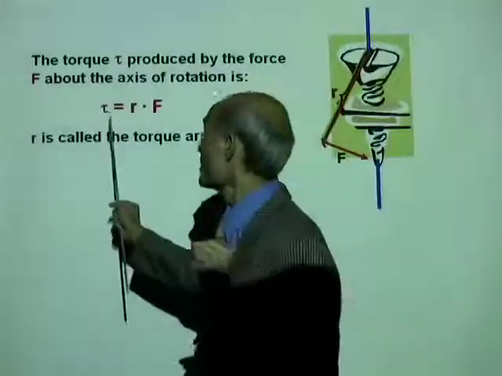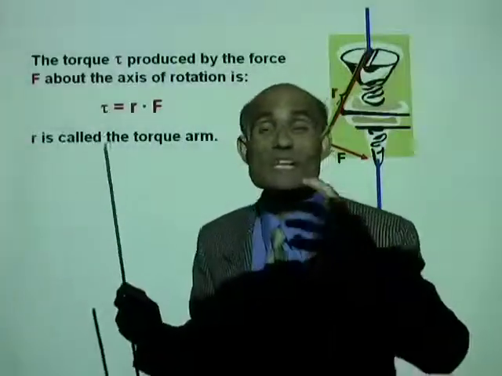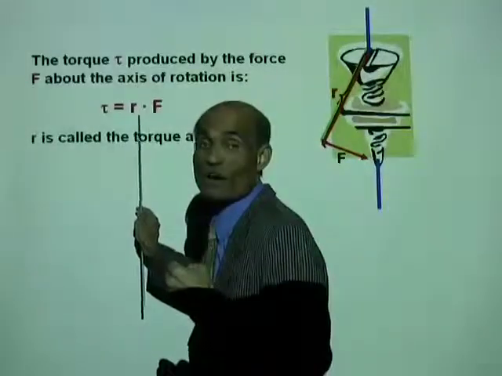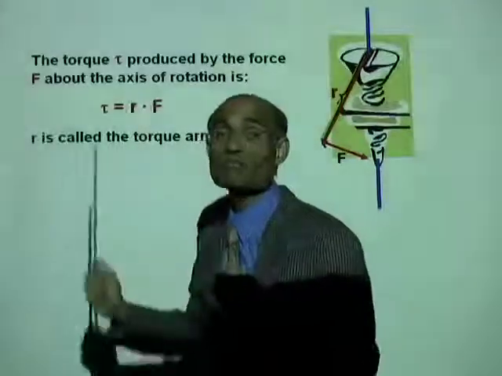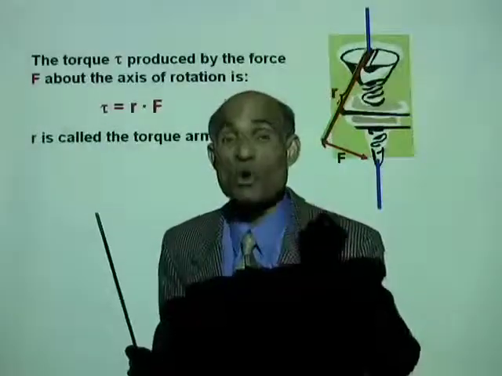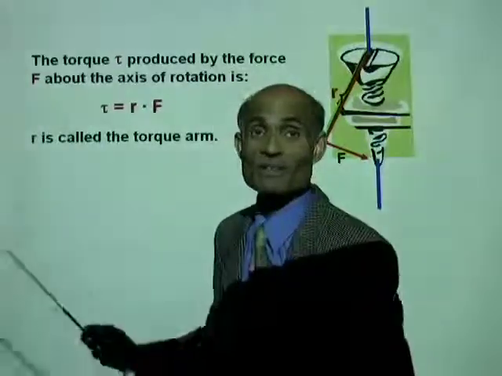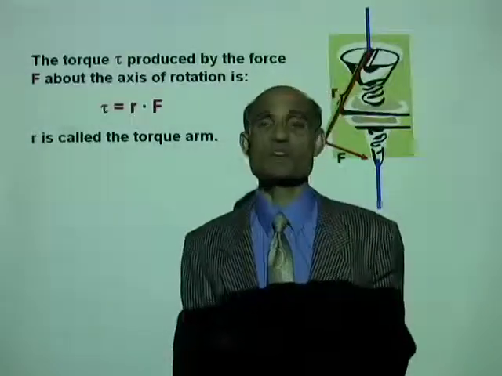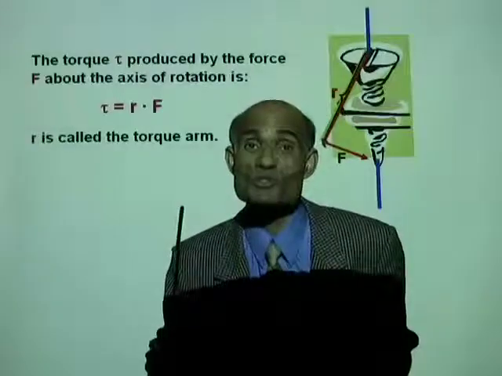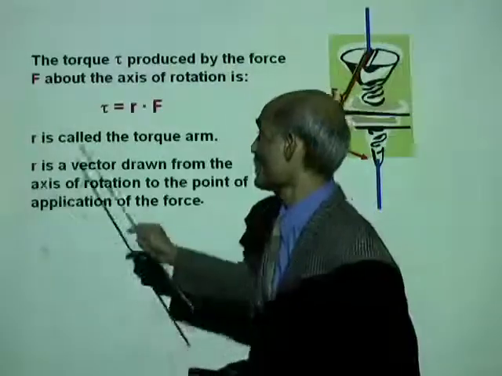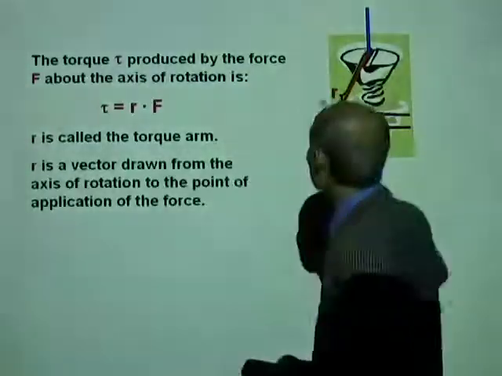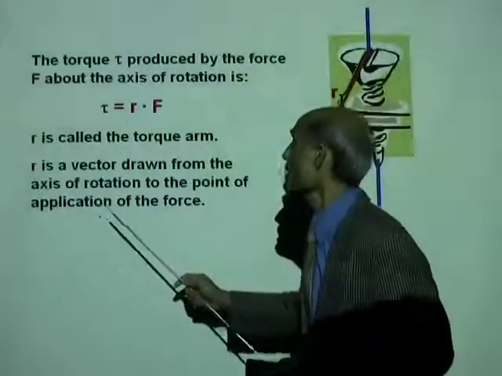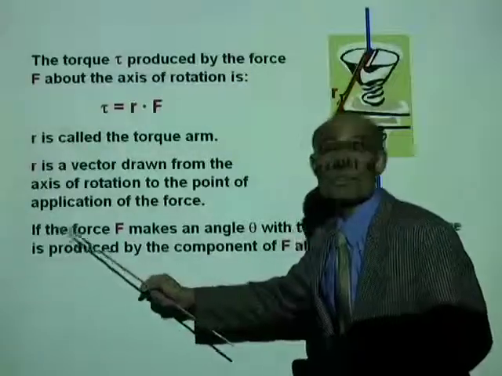But the torque of a force is a vector. So the vector r multiplied by vector F is the torque, which is a vector. So this is called the vector product of two vectors, or sometimes called the cross product. Now, r is a vector drawn from the axis of rotation, and F is also a vector.